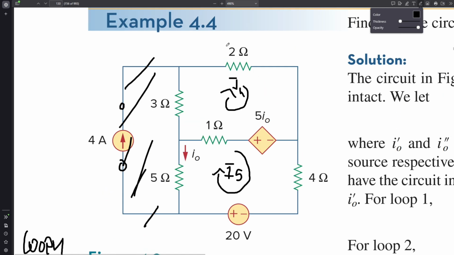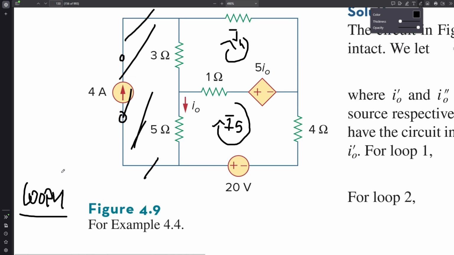It will be, let's start from the top, it will be 2I4 minus 5I0 double dash, because this is the second scenario, called double dash. And for 1 ohm here, it's going to be I4 minus I5, because we prioritize the current in the loop that we're finding.